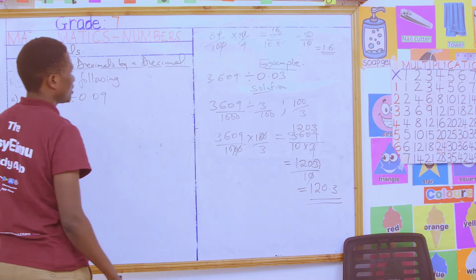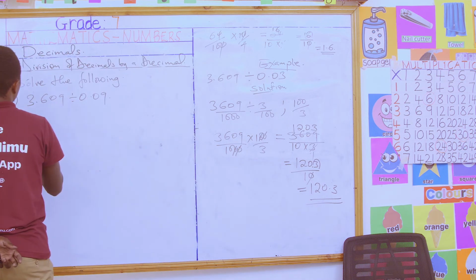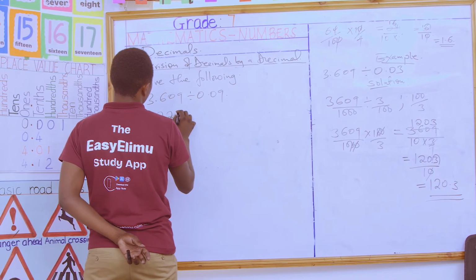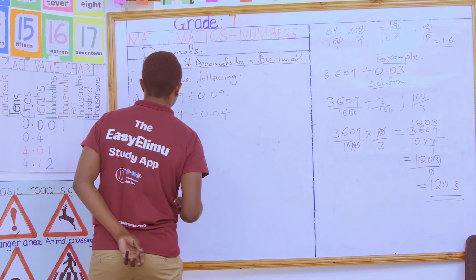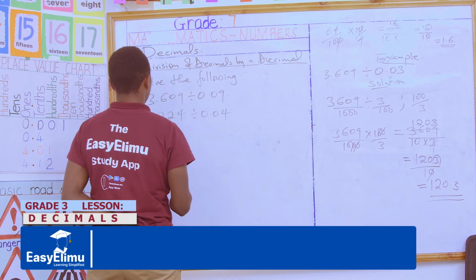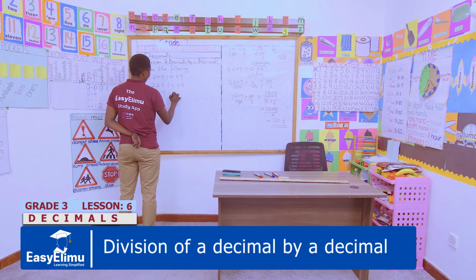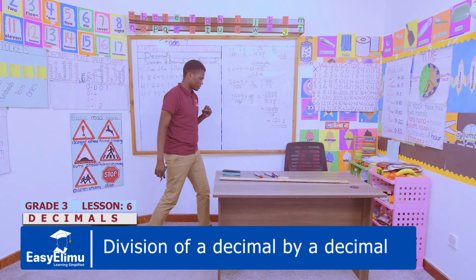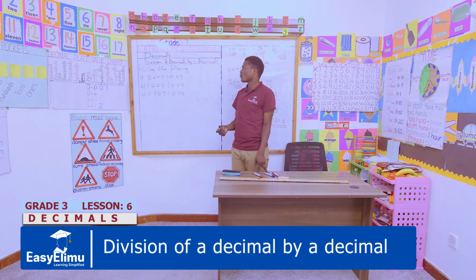B, 1.224 divided by 0.04. C, 0.789 divided by 0.18. So take those 3 questions and please go ahead and get many more word problems on the same and solve for your own good.